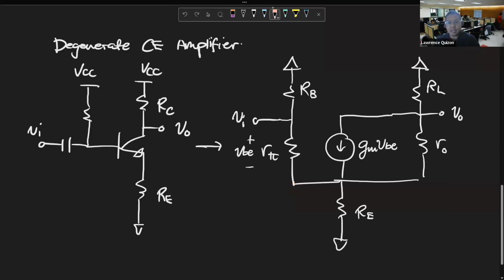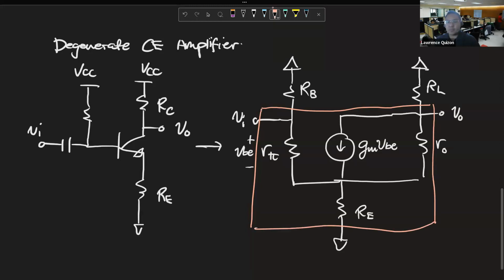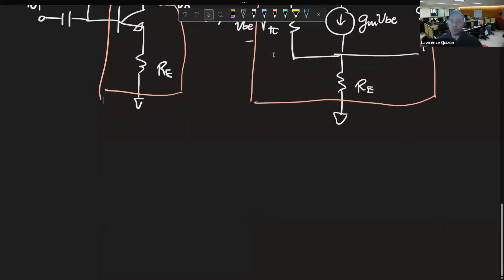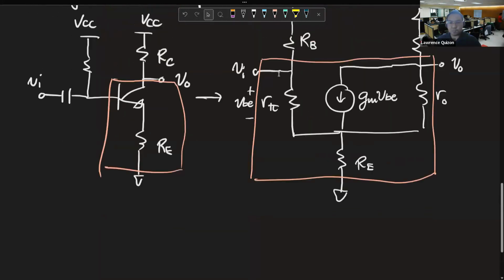To ease the complications in the calculation, what we're going to do is take this part first. Meaning, we're going to calculate the two-port equivalent of this portion first before adding RB and RL. So what will that circuit look like?